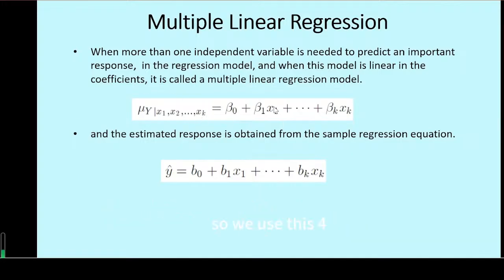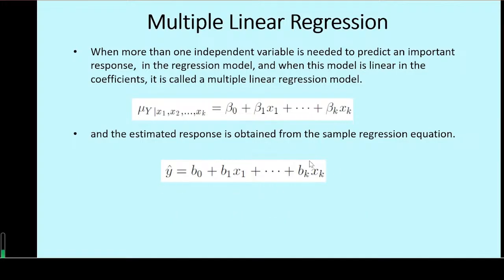So we use this form, mu y given x1, x2 until xk. This means the mean value of y given the x variables, and this is the model. The model is the fitted line to estimate the mean value of y given a range of independent variables, with a series of parameters called beta 1 to beta k.